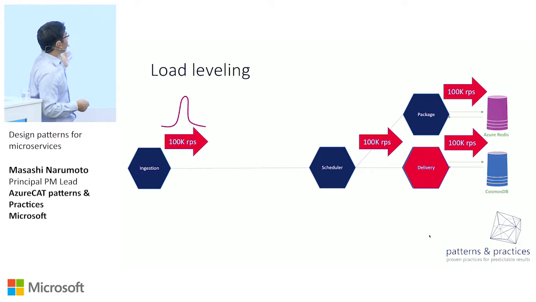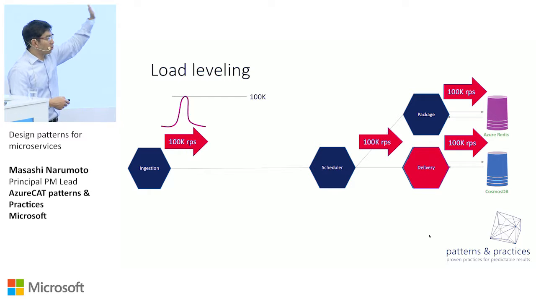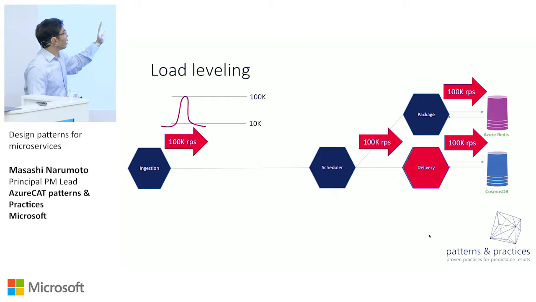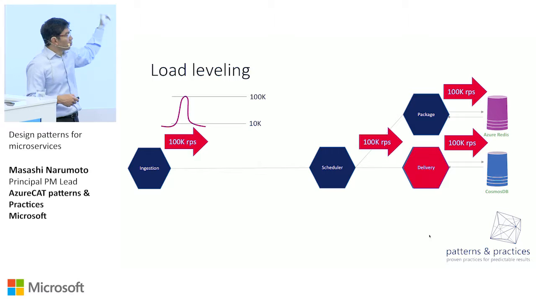We are not designed for the peak load. 100K is a peak load, but we provision those resources for constant load, which is 10K. So if you do nothing, the spike will overwhelm your backend.